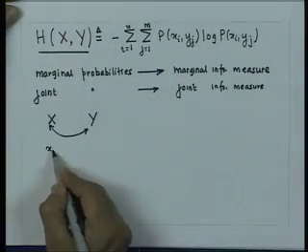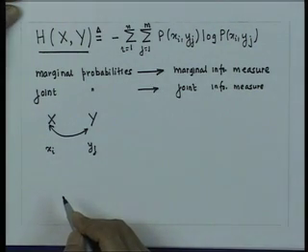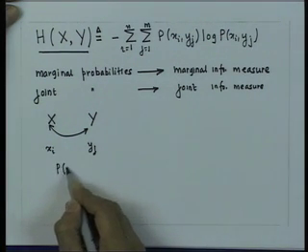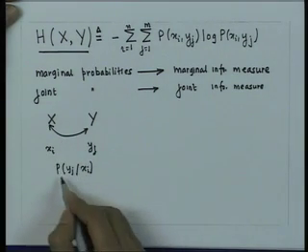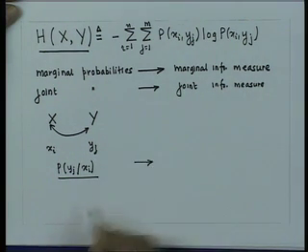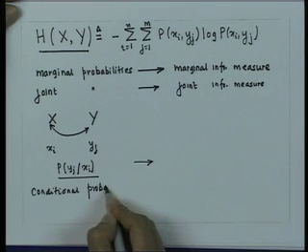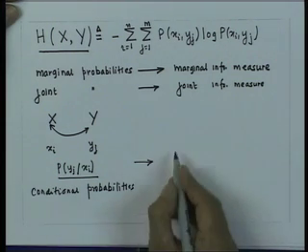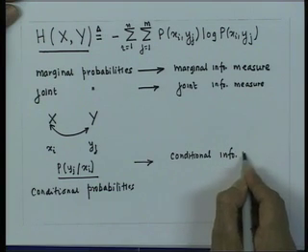Let us assume that the elements of experiment x are xi and the elements of experiment y are yj, then we have probability of yj given xi. If there is a relationship existing between yj and xi, then I can define probability of yj given xi. If these are given to me, then is it possible for me to calculate it? This is nothing but conditional probabilities. So, if these are conditional probabilities, then based on these conditional probabilities, I can also define what is known as conditional information measure.